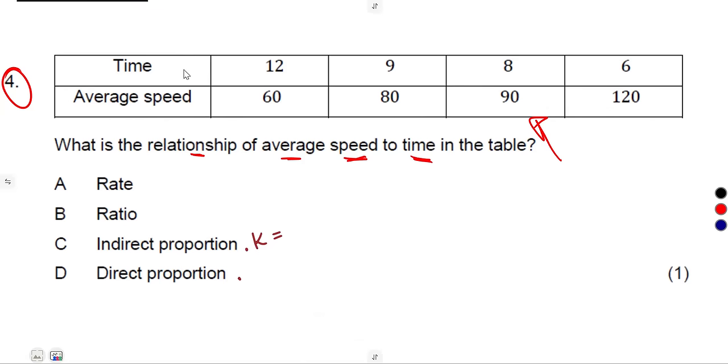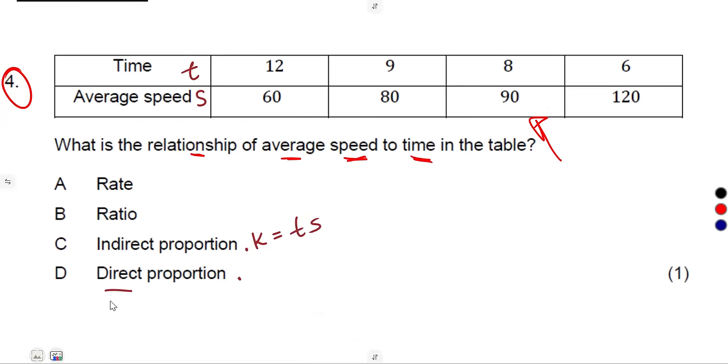If this is x and this is y, it is xy, the product of x and y. Indirect proportion, you multiply. So here we have time and average speed. Our time is t, our average speed is s. If this is truly an indirect proportion, we're talking about the product of t and s, which is ts.